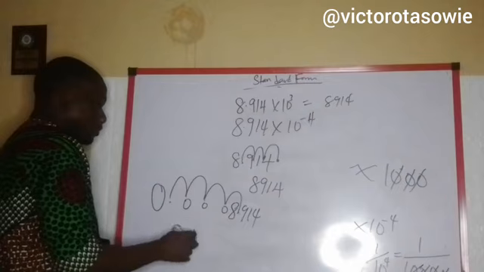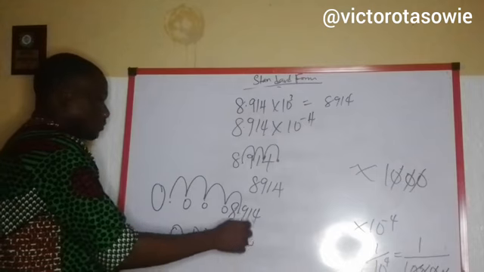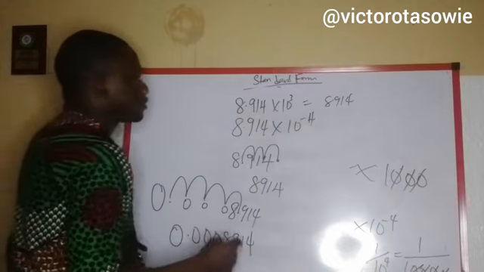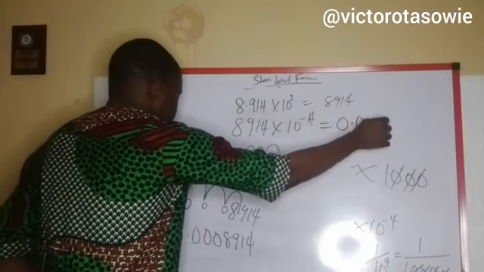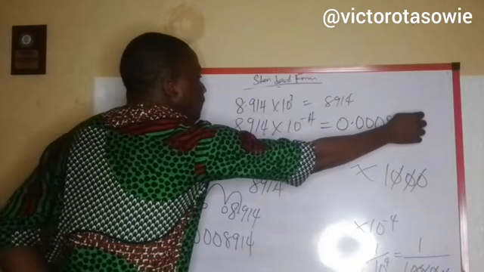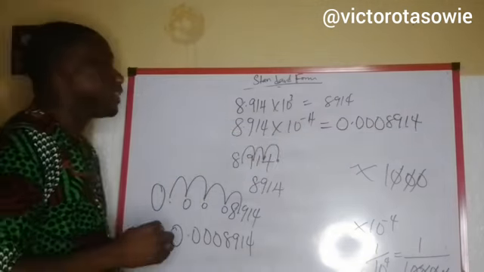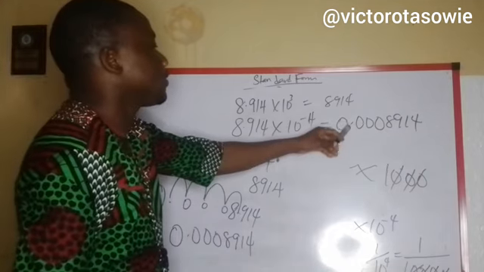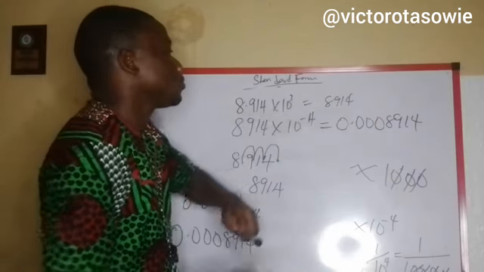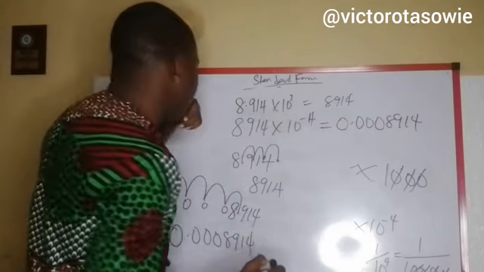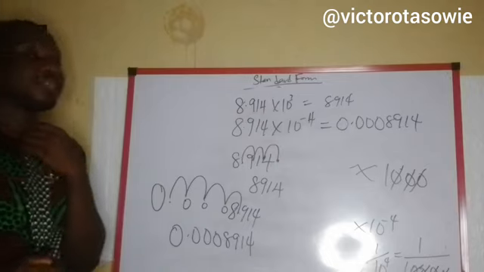It's 0.008914. So this therefore implies that our answer will be 0.0008914. The perfect way to really analyze this is to come here and check if it's correct. 1 2 3 4. So this is giving us 8.914 times 10 to the power minus 4, and that's our final answer to this particular question.